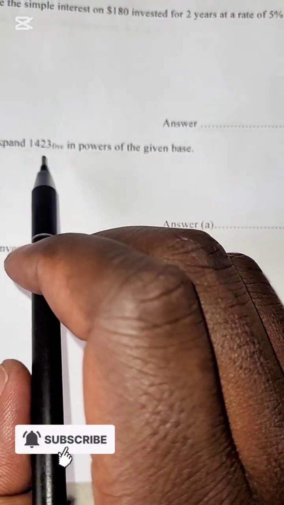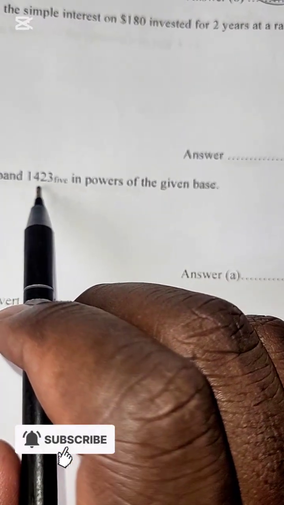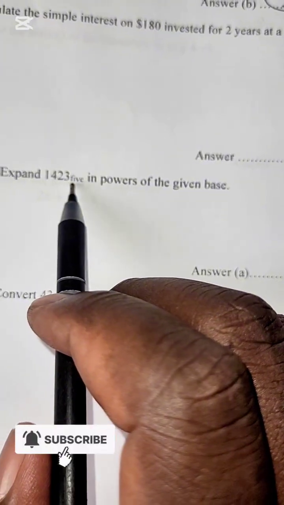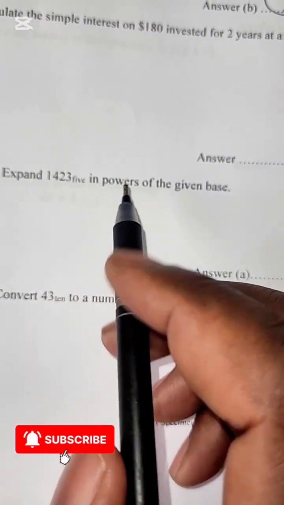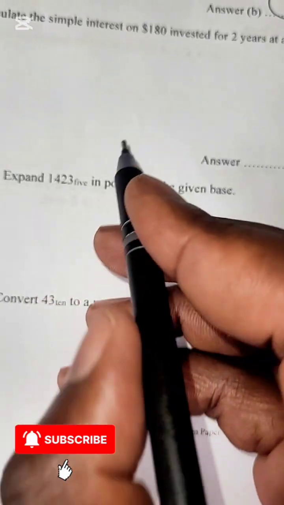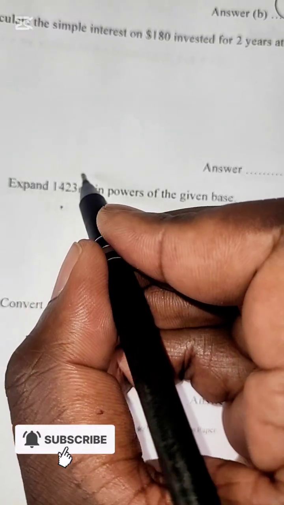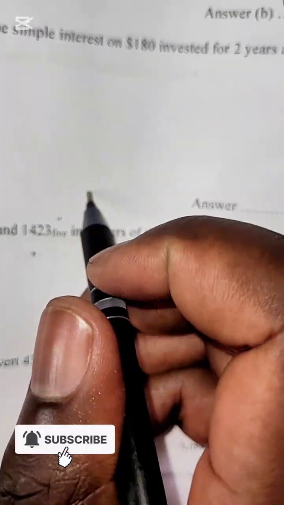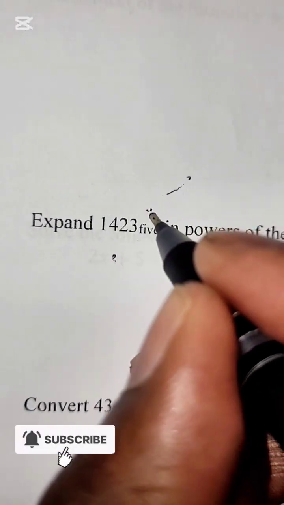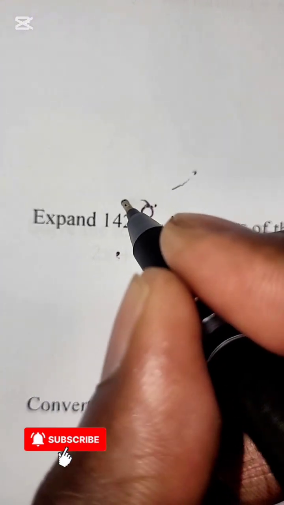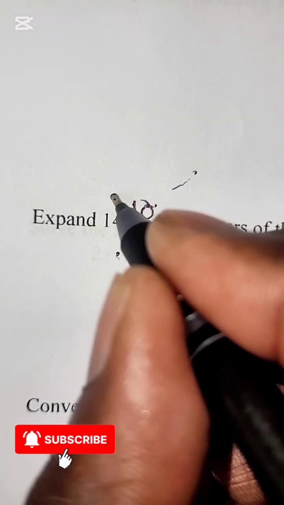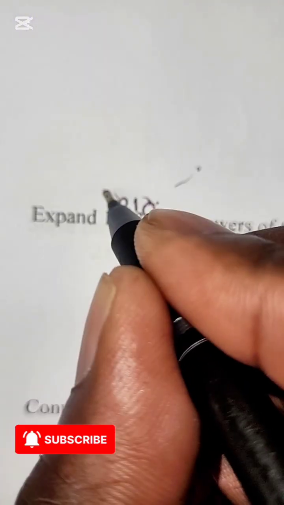Okay, so 1423 base 5 in powers of the given base. You go to your last digit, that will be power 0, then 1, 2, and 3.